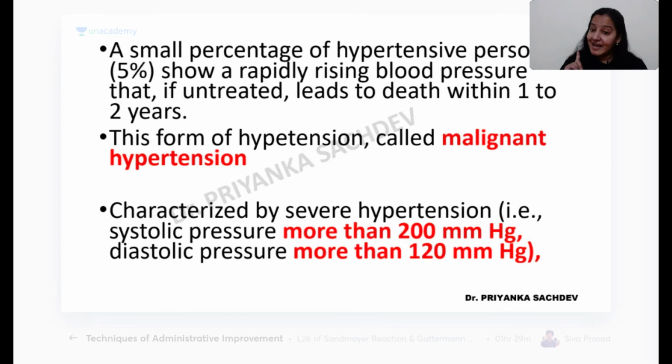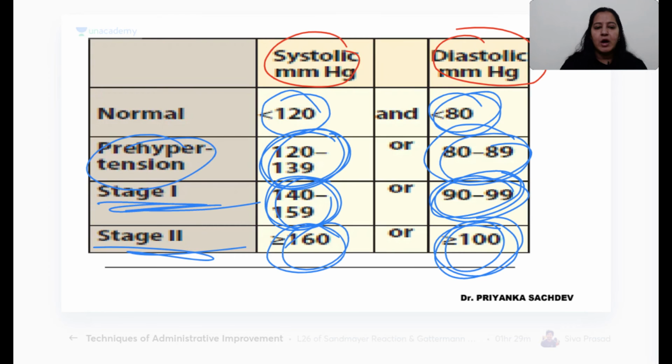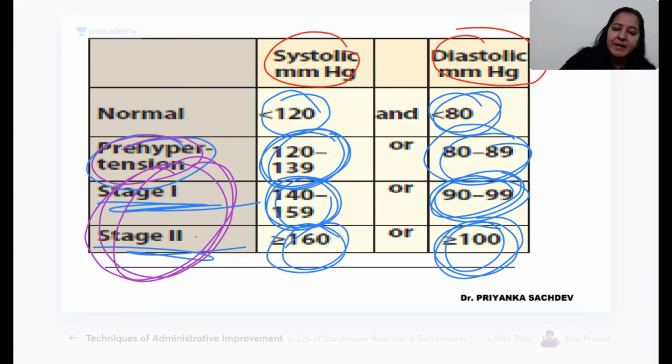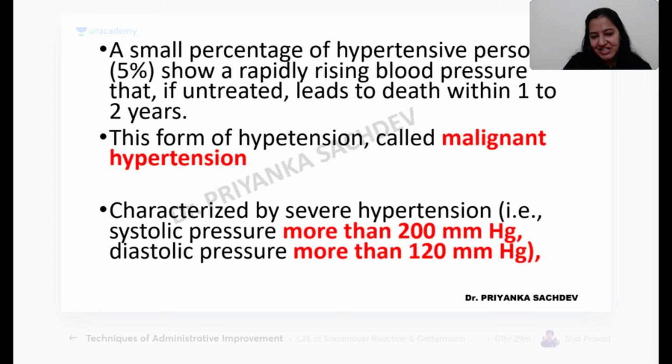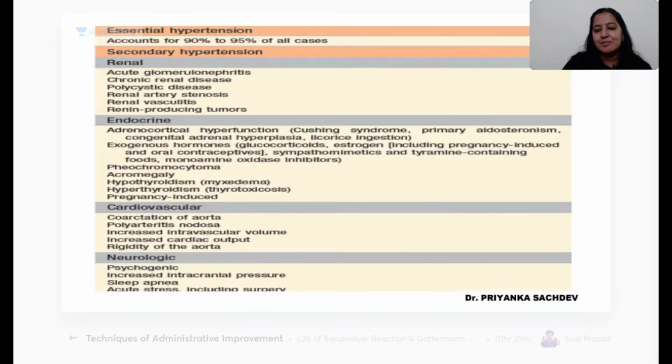One more thing: malignant hypertension. Stage 1 and stage 2 are known as benign hypertension. Pre-hypertension is not even considered hypertension. And there is the term malignant hypertension. If the systolic blood pressure is more than 200 and diastolic is more than 120, it is known as malignant.